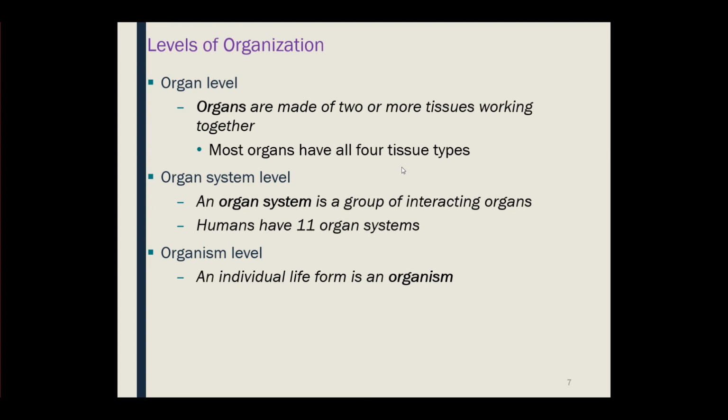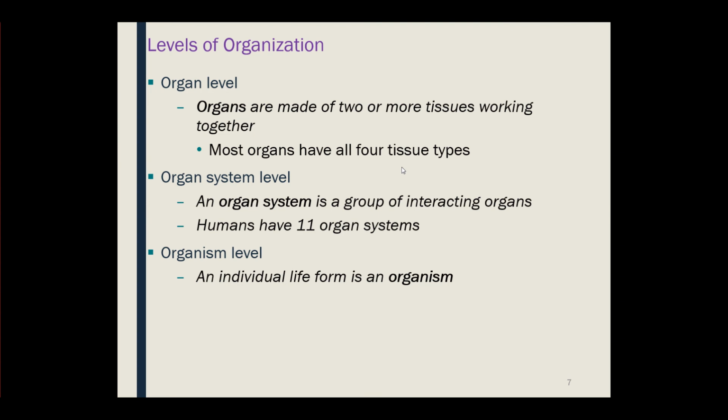If I looked into the heart, using a microscope, I would see connective tissue holding the heart together, and then I would also see nervous tissue, right? I would actually see different types of parts of the nervous system on the heart. So a heart would be an example of having all four tissue types. Okay, so the organ is at least two tissue types working together to form the organ.